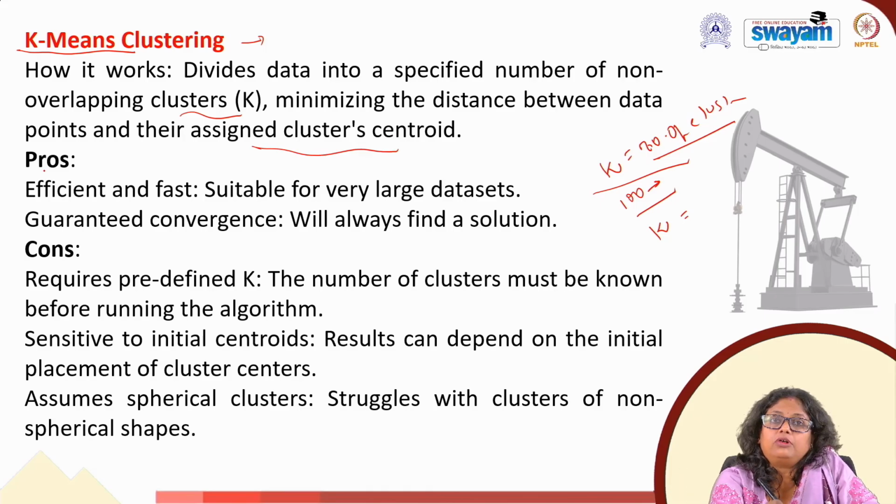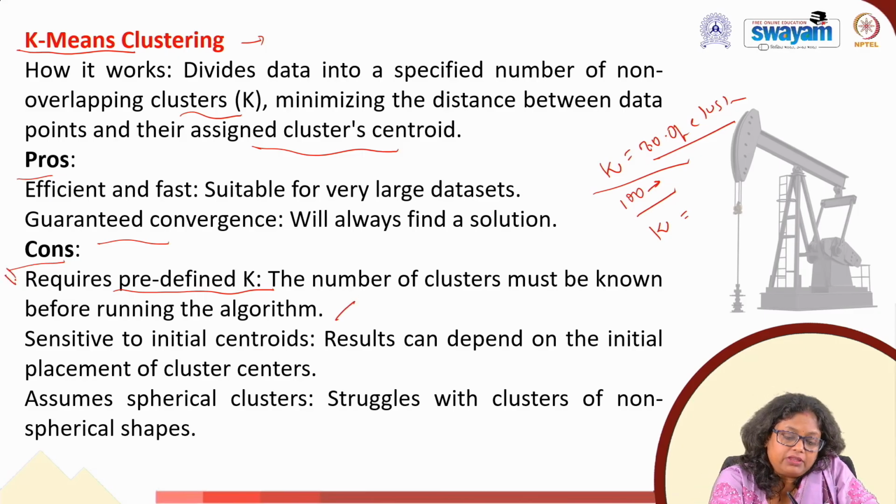If we talk about the pros and cons, the pros are that it is efficient and fast, which means it is suitable for a very large data set. Next, there is guaranteed convergence, so we will always find a solution. If we talk about the cons, in k-means we are required to predefine the value of k, so the number of clusters must be known before running the algorithm.